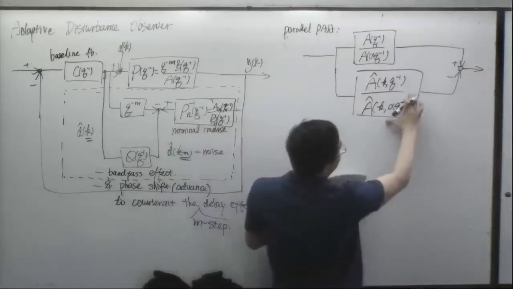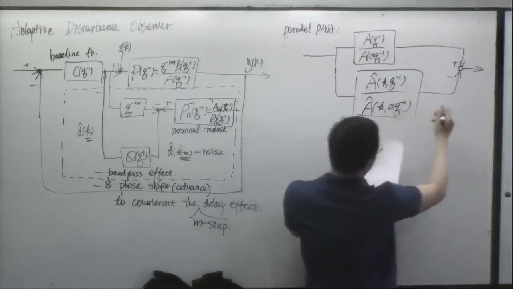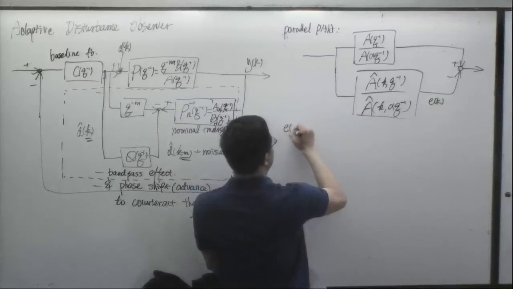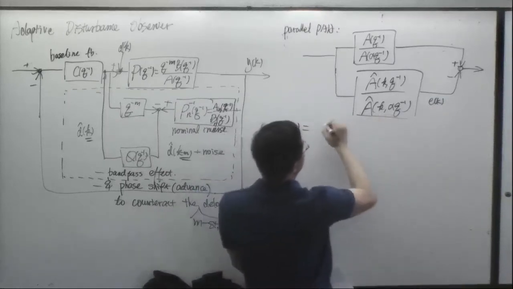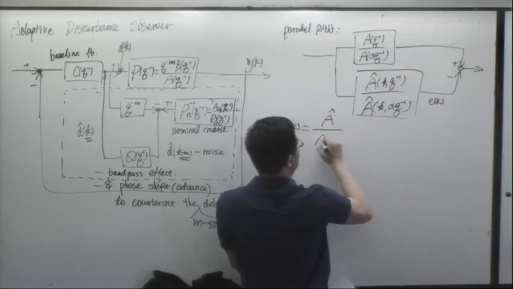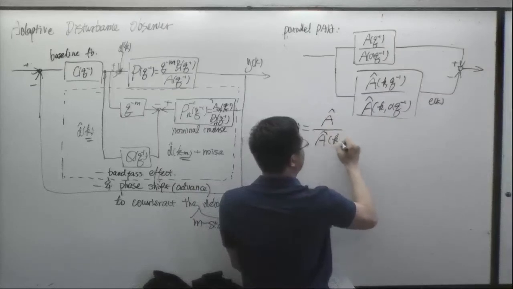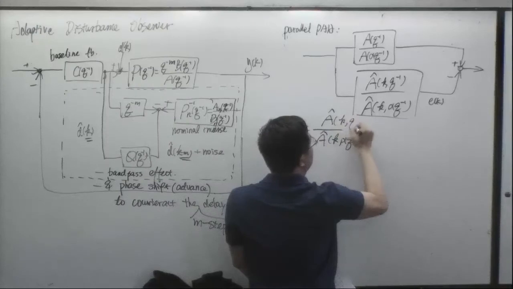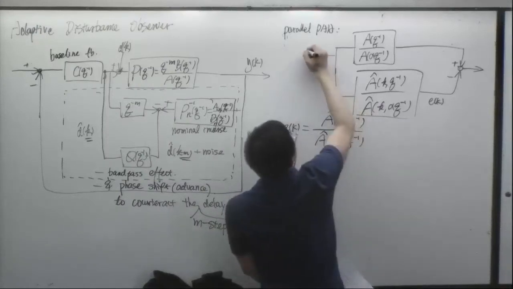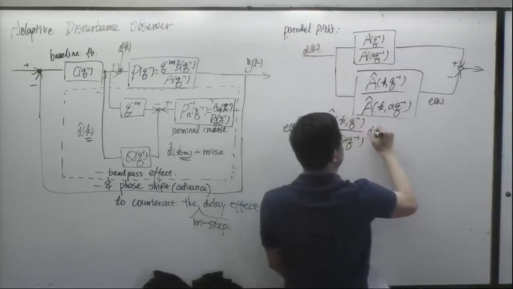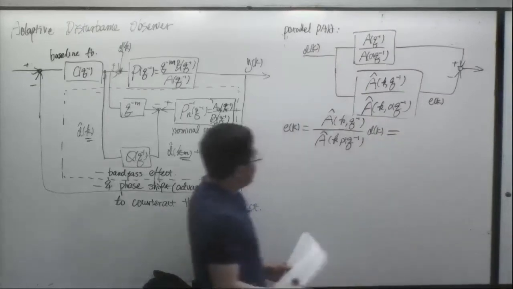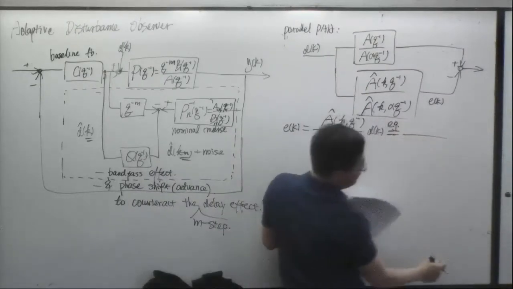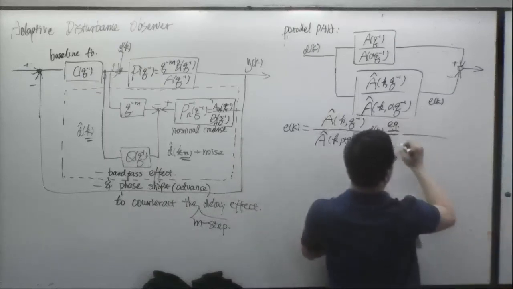So that's how we do the parallel PAA. Let's call this case here. So Ek is going to be, say this is Dk, it's going to be this, and when we have just one band, let's write this out this time.